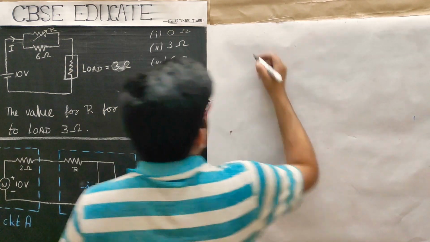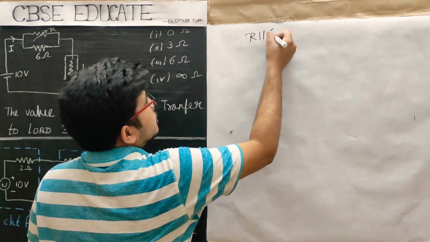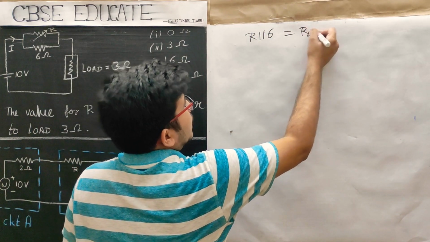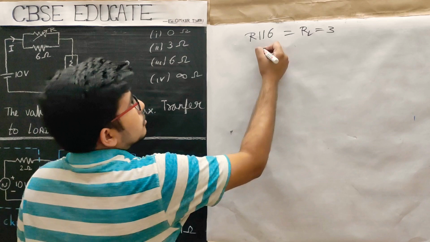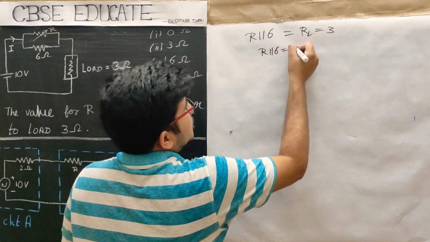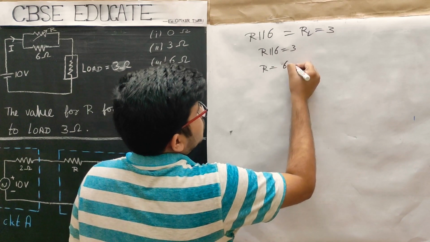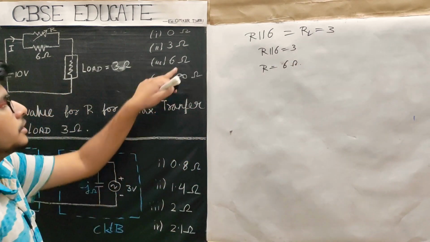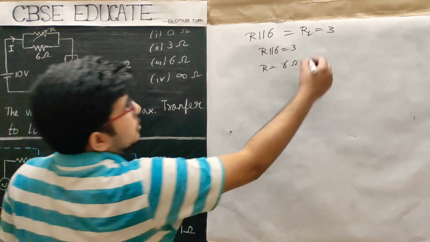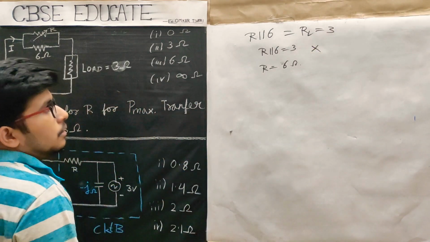See, R parallel 6 is equal to RL, and RL is 3 ohm. So R parallel 6 is equal to 3, so R is equal to 6 ohm, and the option here is also 6 ohm, but this procedure is wrong. Why?